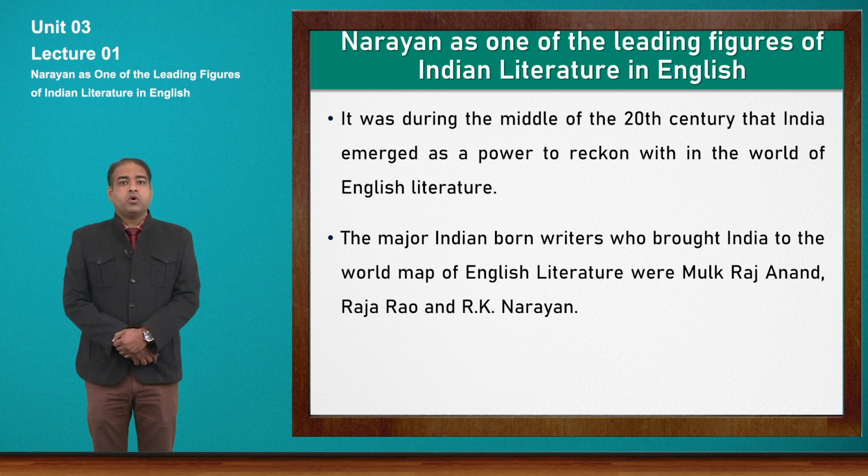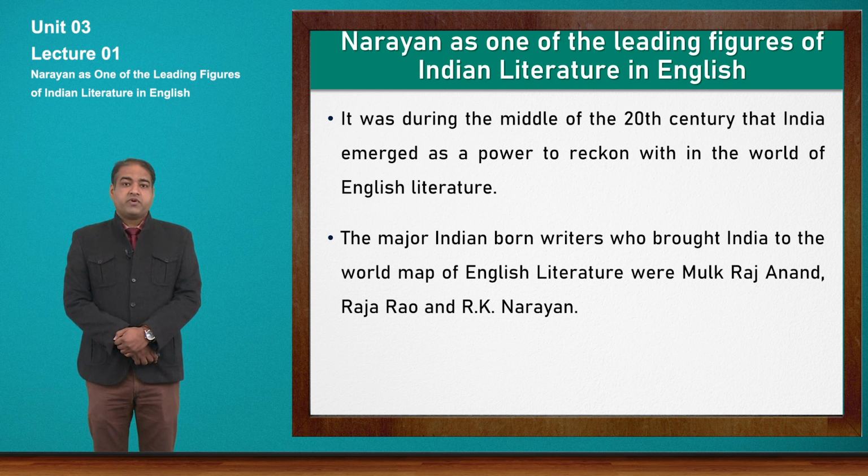The major Indian-born writers who brought India to the world map of English literature were Mulk Raj Anand, Raja Rao and R.K. Narayan. Friends, if you have a little understanding of Indian writing in English, then you would well know that there are three founding pillars of Indian writing in English. Those three founding pillars who popularized the Indian way of writing in the entire world are Mulk Raj Anand, Raja Rao and R.K. Narayan.